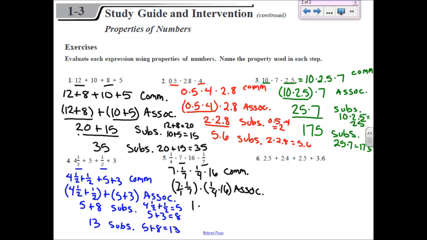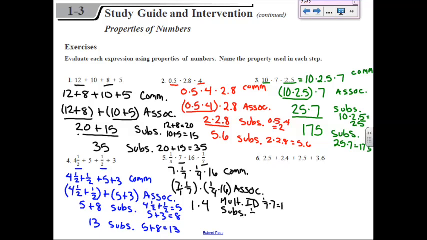And then 1/4 times 16. Well, 1/4 of 16 means 16 divided by 4, which is 4. So my step there, the 7 times 1/7 was the multiplicative inverse. And then 1/4 times 16 was substitution.